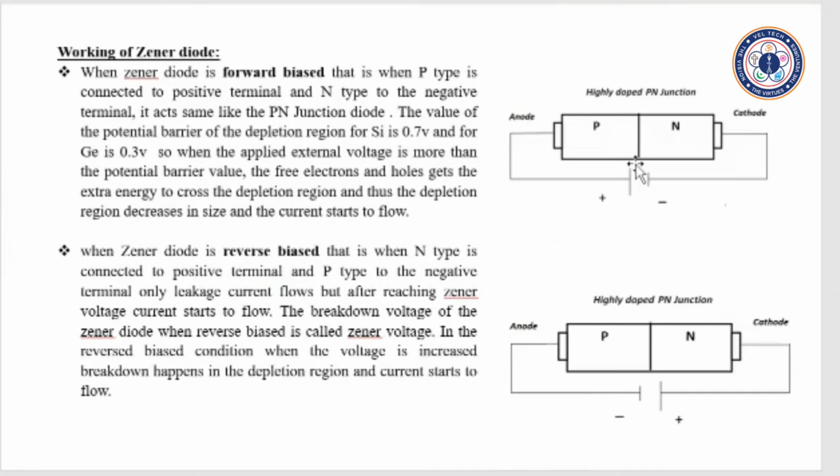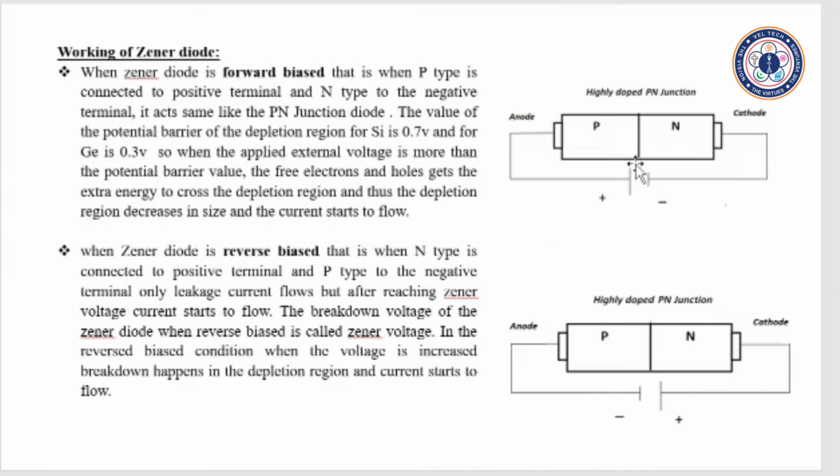Initially, I am giving the forward bias voltage to the Zener diode. When I give the forward bias voltage, it will act similar to a PN junction diode. The potential barrier of silicon is 0.7 volt. The potential barrier of germanium is 0.3 volt.